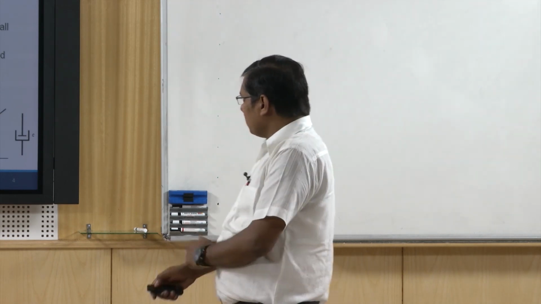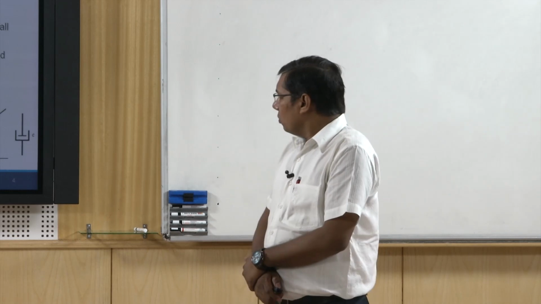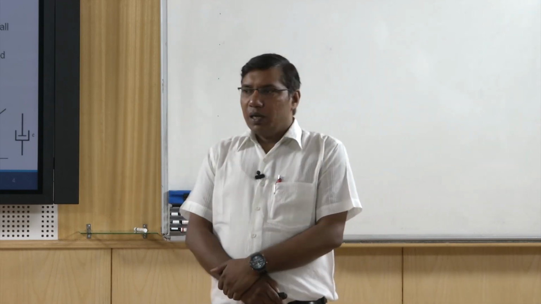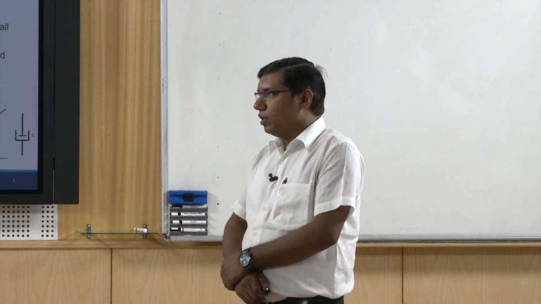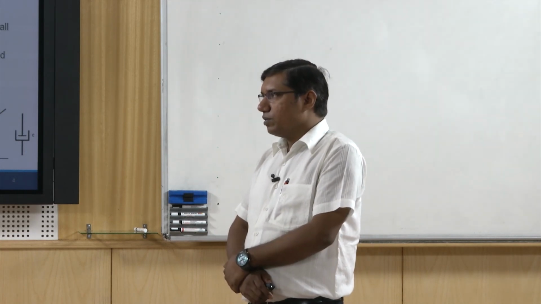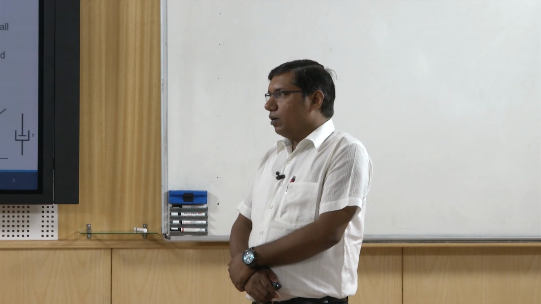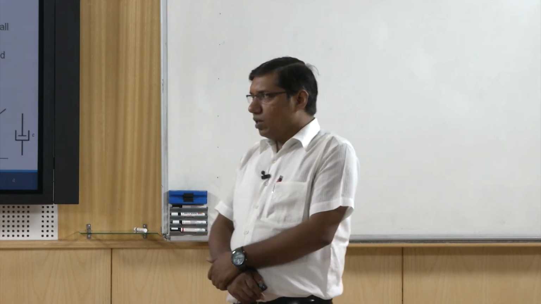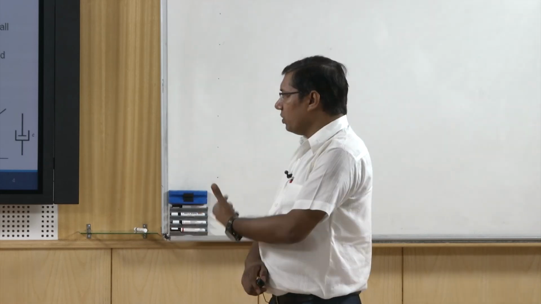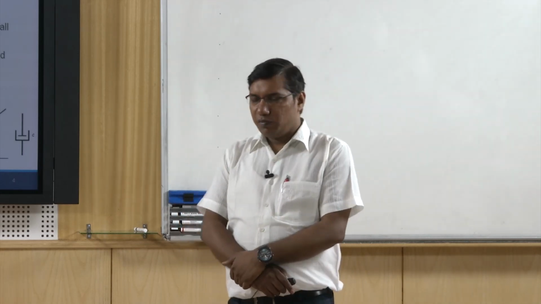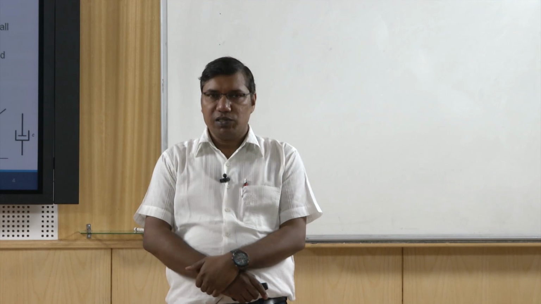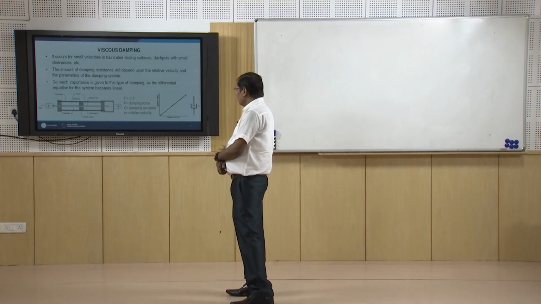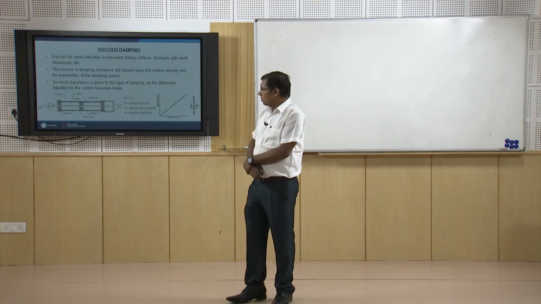Why do we give so much importance to this kind of damping? Because here the damping force is directly proportional to the velocity, x dot. If we put this force in the differential equation of motion of the system, it makes the differential equation linear.